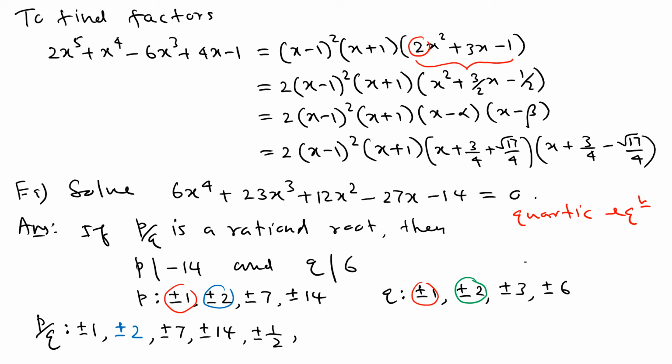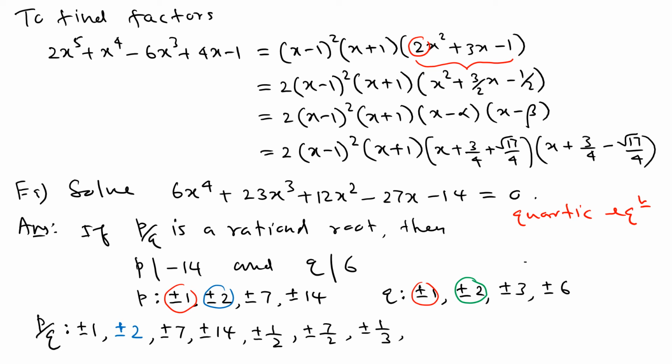Go to the next one: you get plus or minus 7/2. And if you go with the 14, you can see plus or minus 7 is already there, so we don't write it. Now go to the next number. If you go to plus or minus 3 of Q, that means it is plus or minus 1/3.